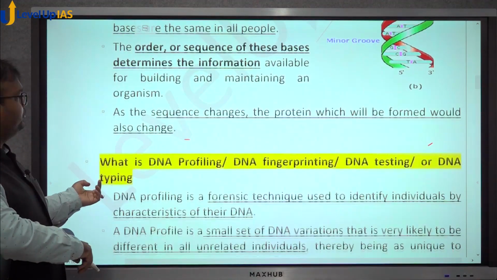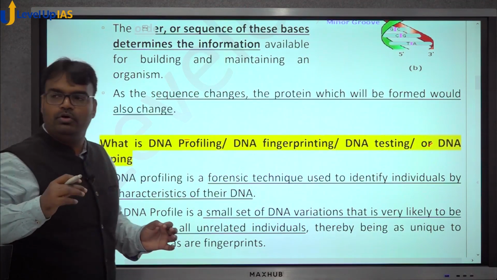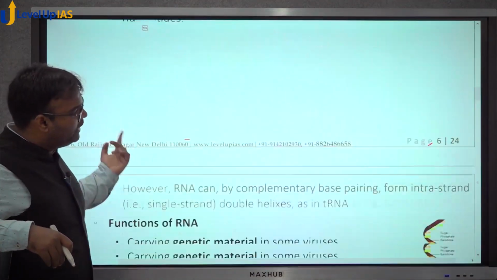Now, should we first do some questions before we go to the next topics? I want to understand how much of these things you have been able to understand. Let's go to the end of the booklet.